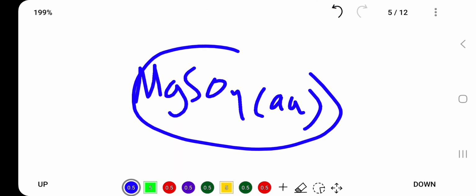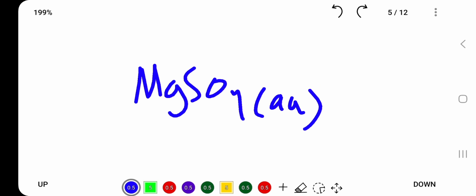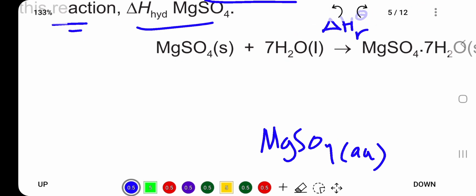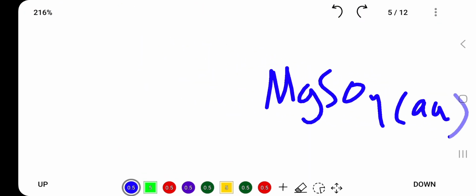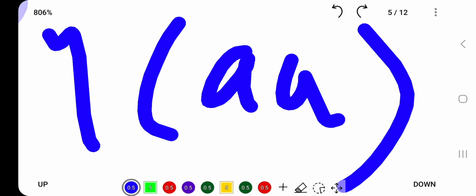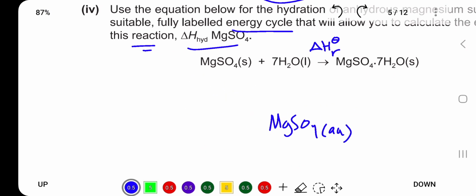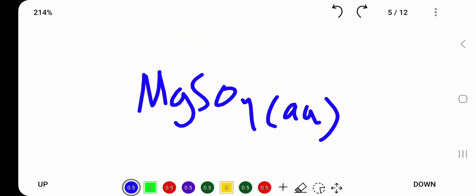What does this mean? It means that MgSO4 is dissolved in water, as ionic compounds get dissolved in water. They do not react, by the way, they dissolve in water to give you the compound in aqueous form. This means that they are dissolved and not reacted, alright?